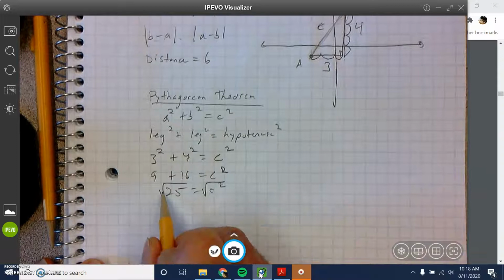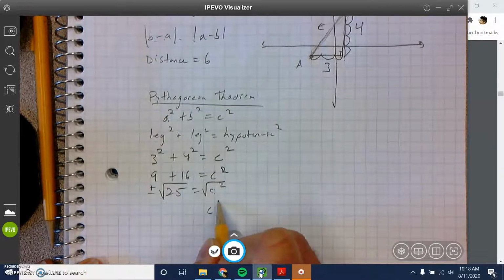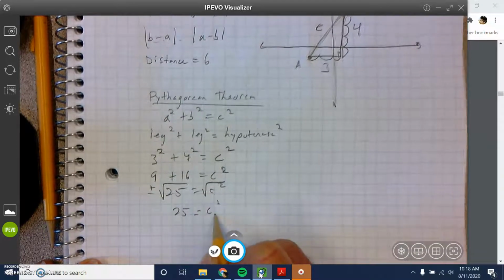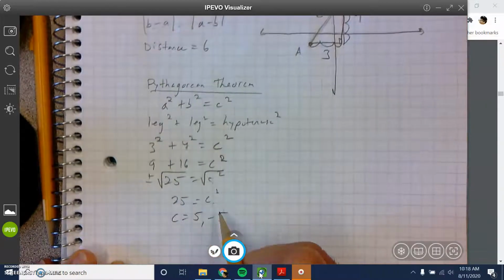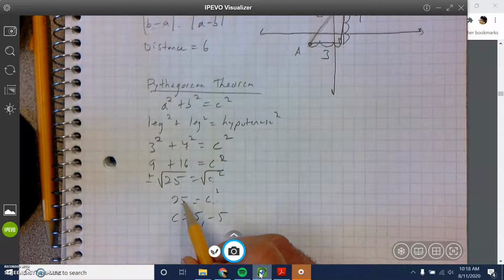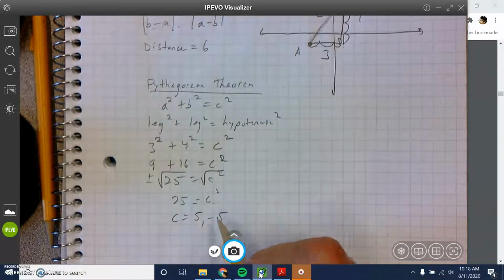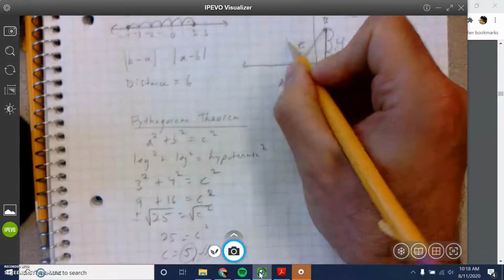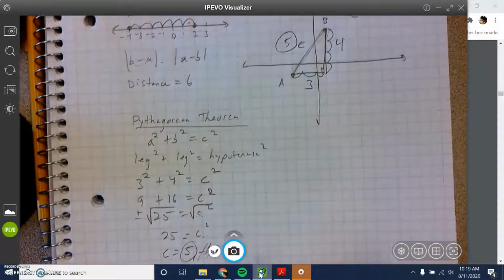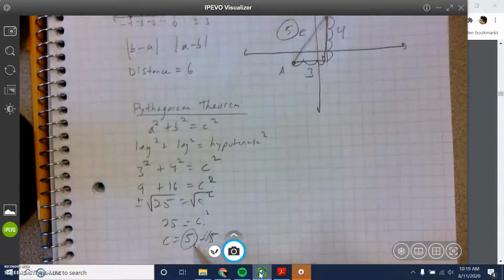Now, this is going to be plus or minus because what number squared is 25? That would be 5. But also -5 because -5 times -5 is also 25. But remember, we're talking about distance, so we always do the positive, so the answer is 5. So this distance is 5. Bam. So one way to do it, you saw it, Pythagorean theorem.